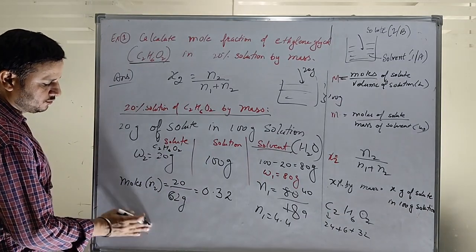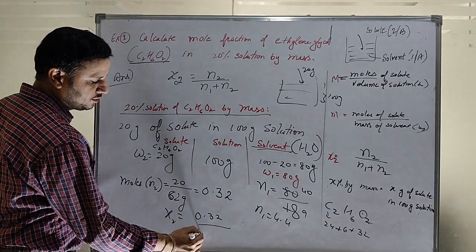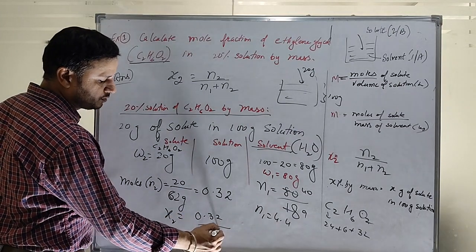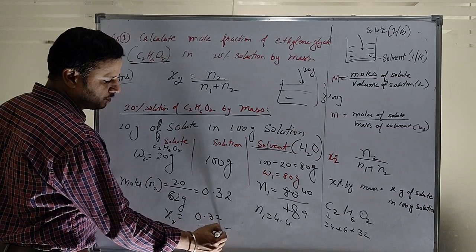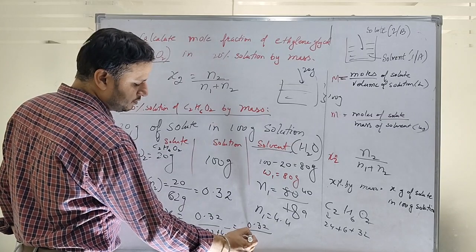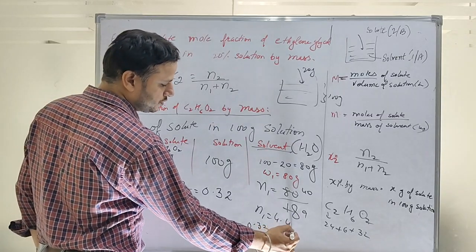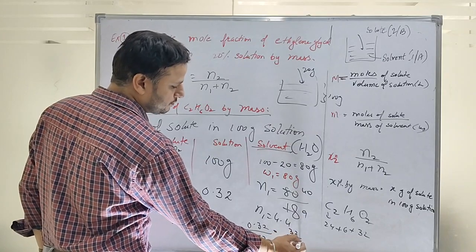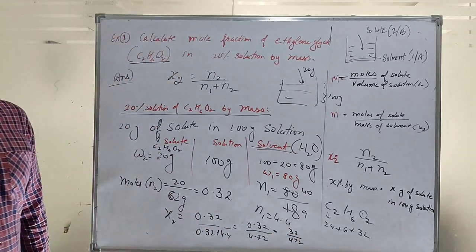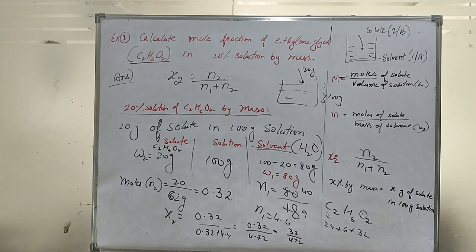So mole fraction of solute is equal to 0.32 divided by 0.32 plus 4.4. So 0.32 divided by 4.72. So 32 by 472. That is the mole fraction of the ethylene glycol.